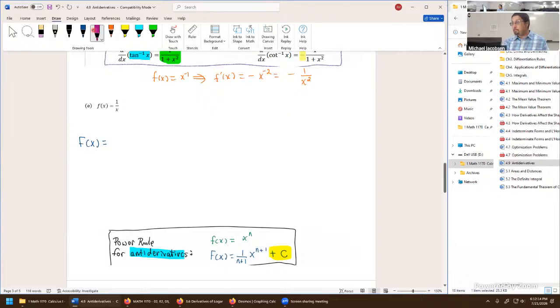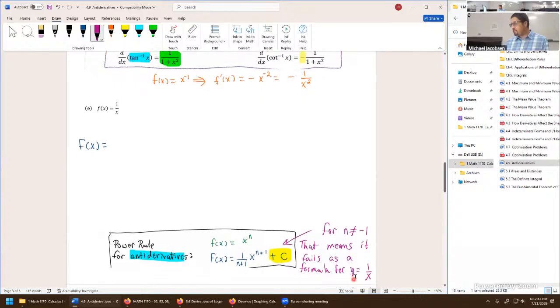So even though we didn't make a big deal out of it, we probably should at this stage. This is for n not equal to negative 1. In other words, it fails as a formula for y equals 1 over x.